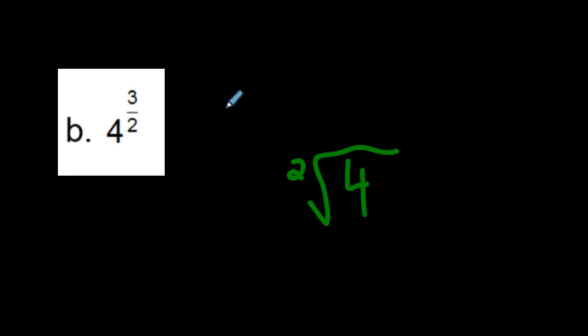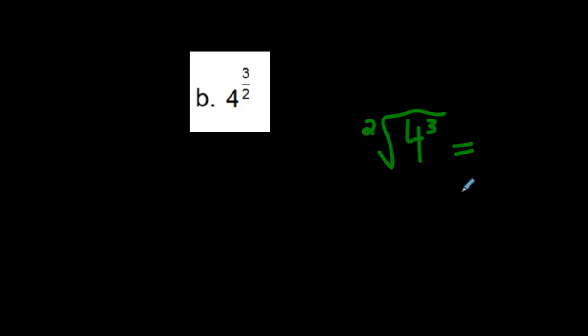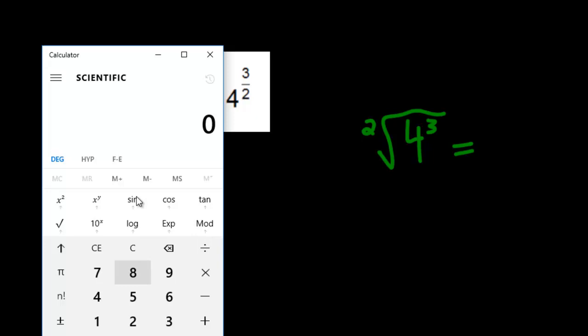So anyway, remember I put the 3 right here. Now again, it's your choice. You can go 4 to the power of 3 first and then take the square root of it, or take the square root of 4 and then go to the power of 3. Let's try it. It doesn't matter which way.